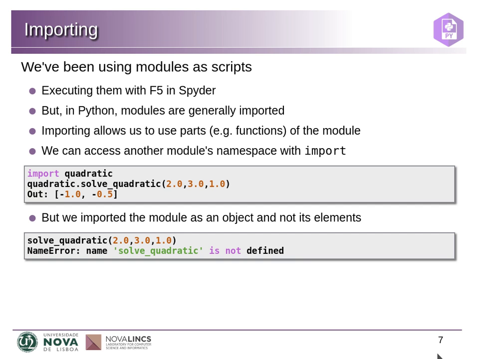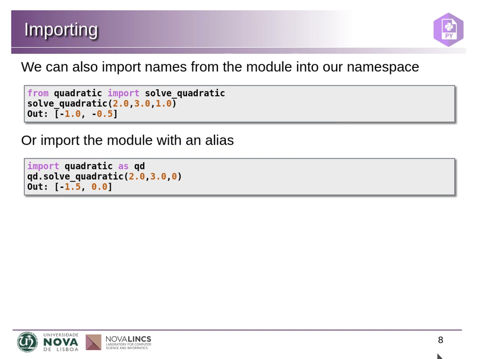So this gives us an error because the interpreter doesn't know what this means. We have to do quadratic dot solve quadratic to indicate that it's a function that belongs to that module. So if we want a specific function or class or some element of a module and not the whole module, we can do this type of import. From a Python module, a file, we can import some name that exists there.